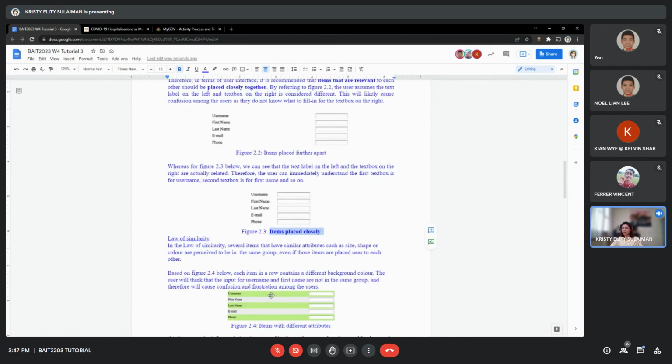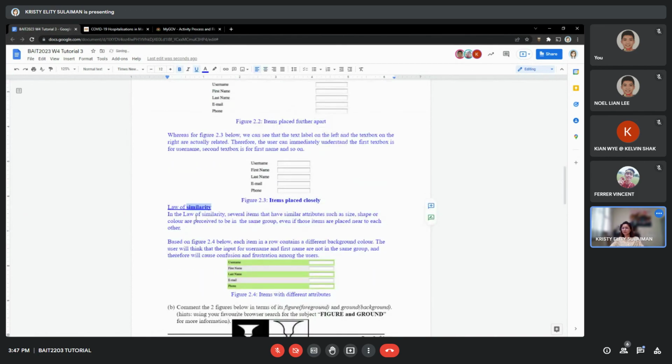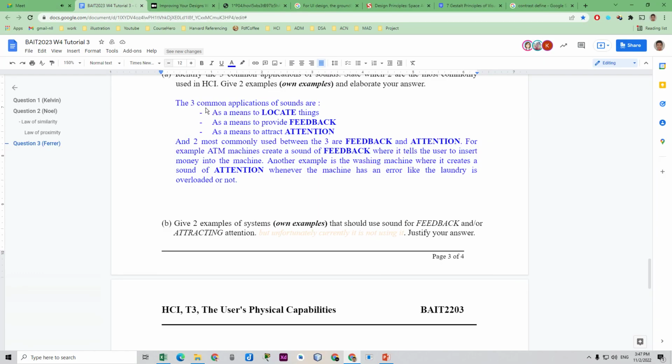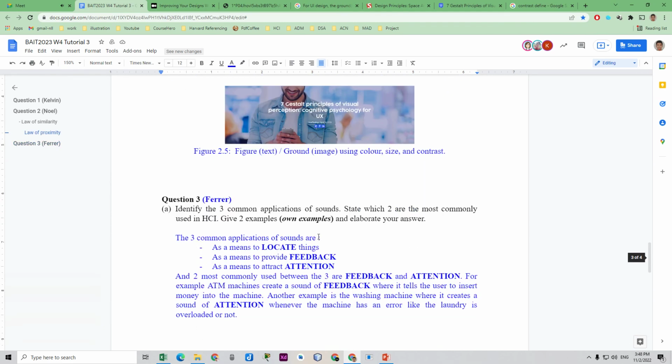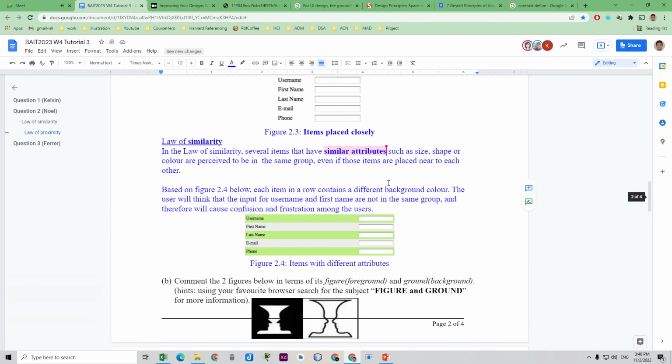Okay, and then we have the law of similarity. Several items that have similar attributes such as size, shape, or colors are perceived to be in the same group. Okay, so it can be colors, it can be types of apps.